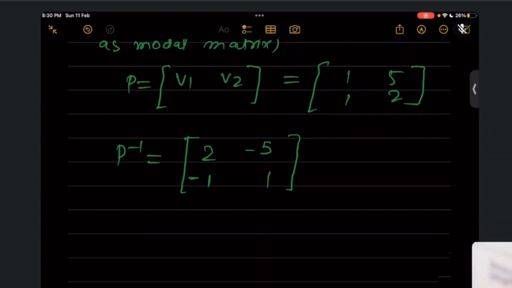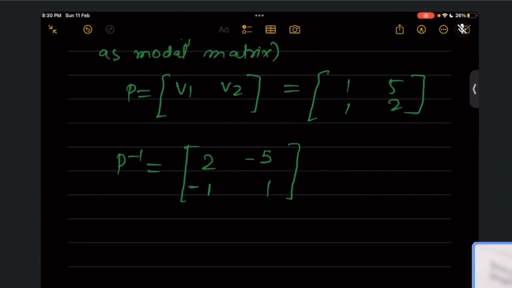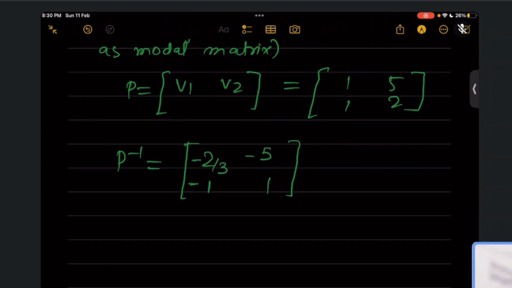The determinant here comes out to be 2 minus 5, that is minus 3. So it will be minus 2/3, minus minus will be plus, and minus 1/3. This is the P inverse.